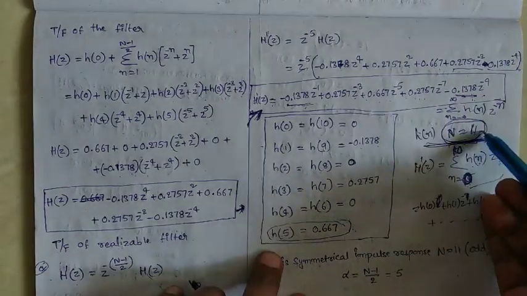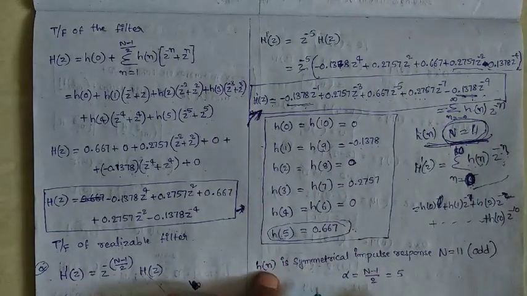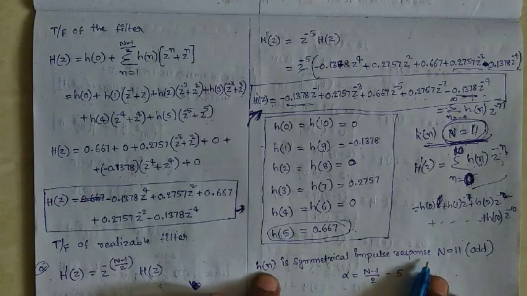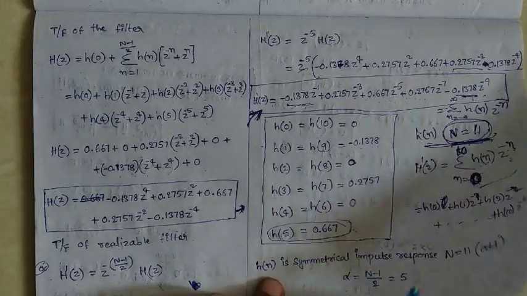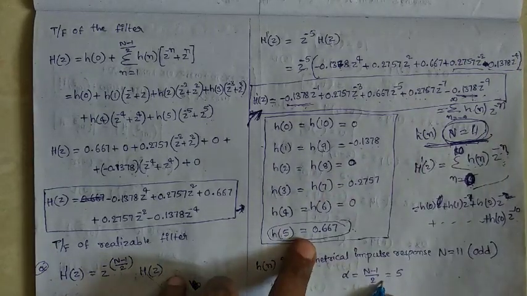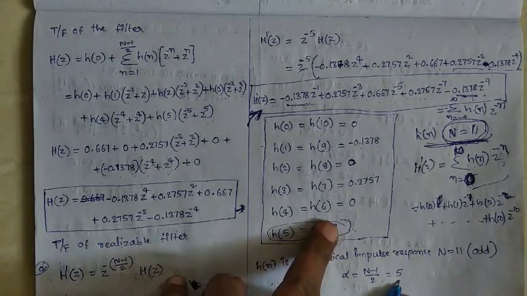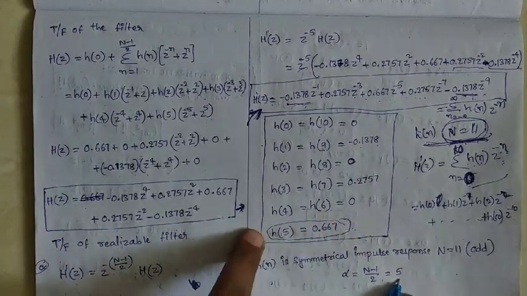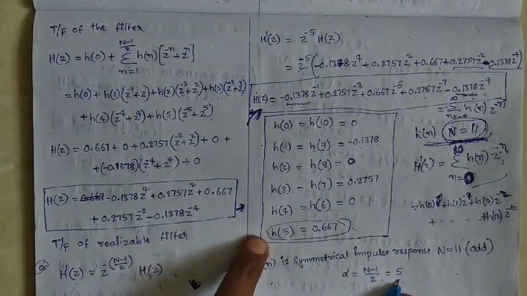Capital N 11 means 11 is an odd value. The impulse response is symmetrical, capital N odd. Here this impulse response is symmetrical about alpha, capital N minus 1 by 2, here 5. Means impulse response is symmetrical about the sample h of 5.